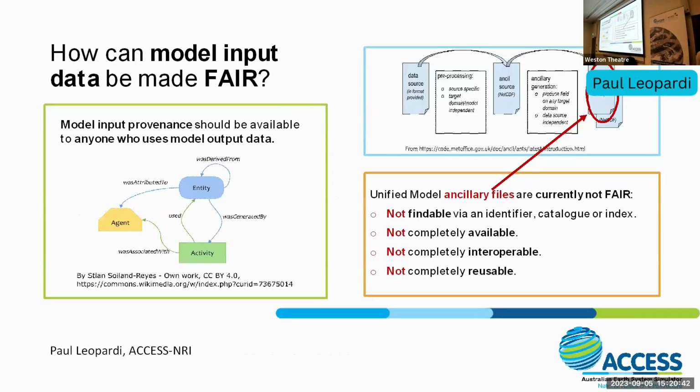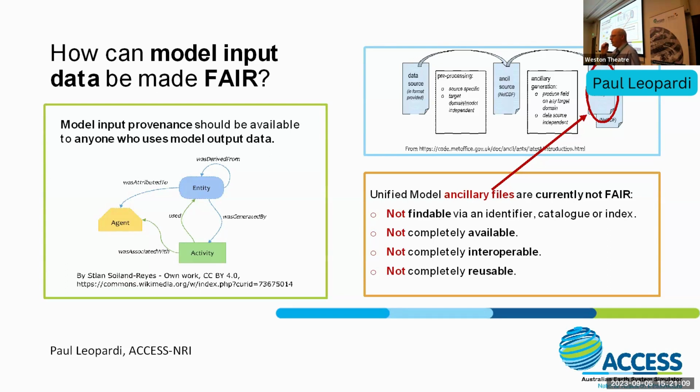Next is Paul Leopardi on improving the reusability of ACCESS model input data. Yeah, g'day. So this is a relatively new topic. It's recently been recognised by people at NCI and ACCESS-NRI and elsewhere that a lot of the data that's used by models is data that's produced in the interim by models, through the fact that a model is a workflow.